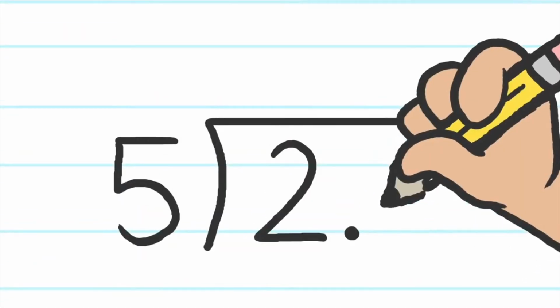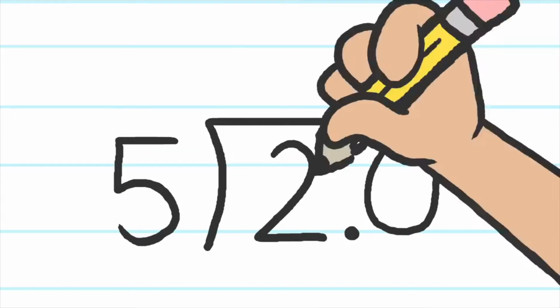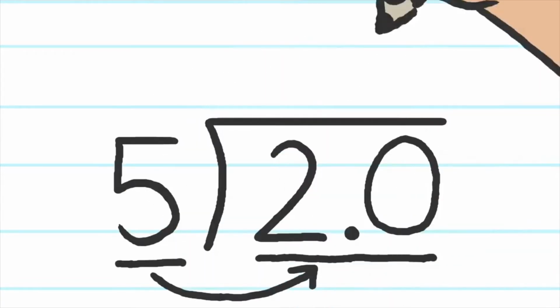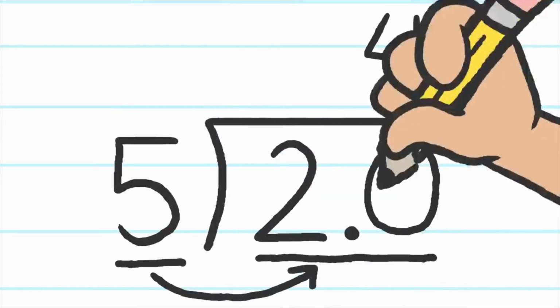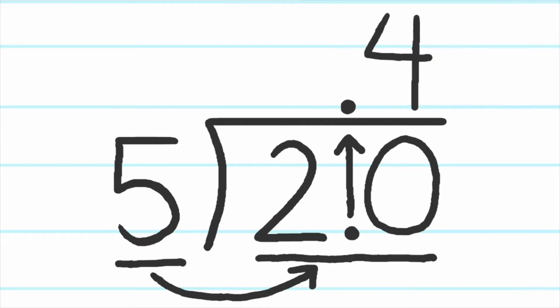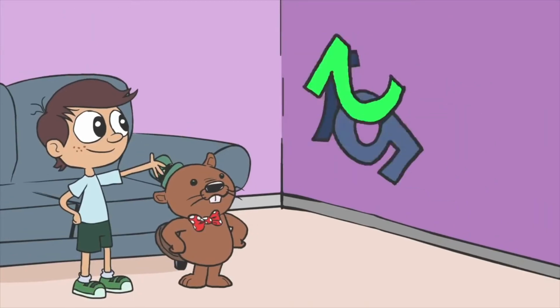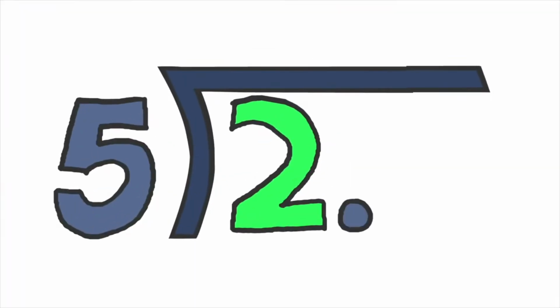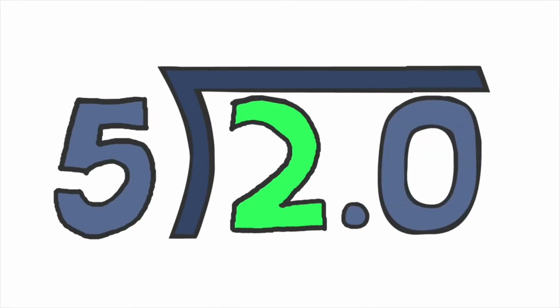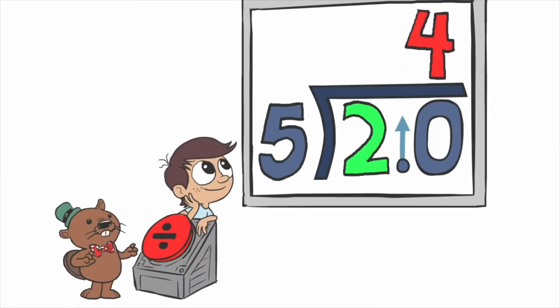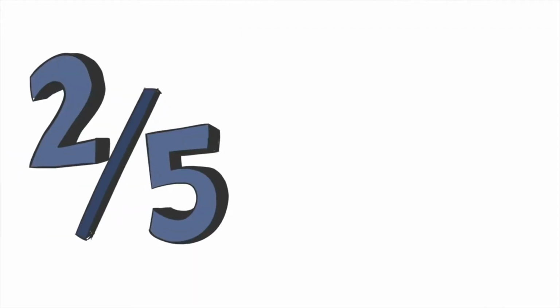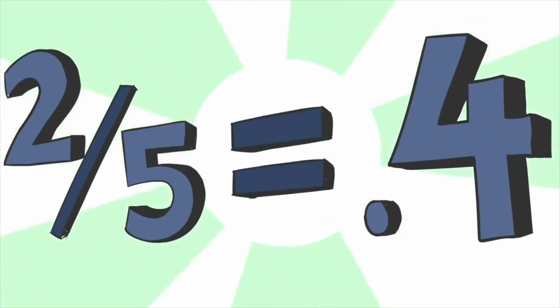Just write a decimal point, followed by a 0. Then 5 goes into 20 4 times, and the decimal point jumps up on the line. The numerator becomes a dividend, and write a decimal point and a 0 in the tens. Divide and write the decimal point in the quotient, so 2/5 and 4/10 are equivalent.